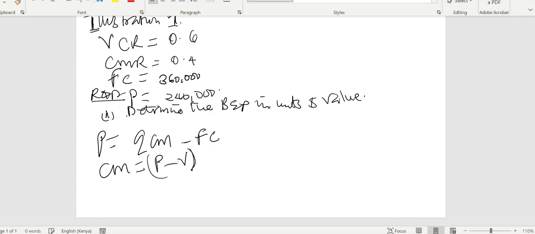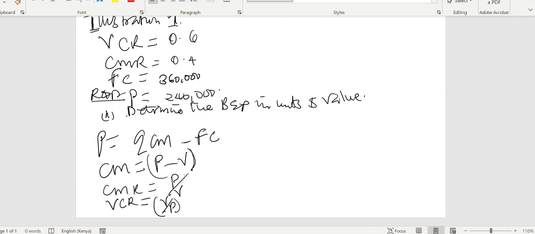The contribution margin ratio is contribution margin divided by the price.